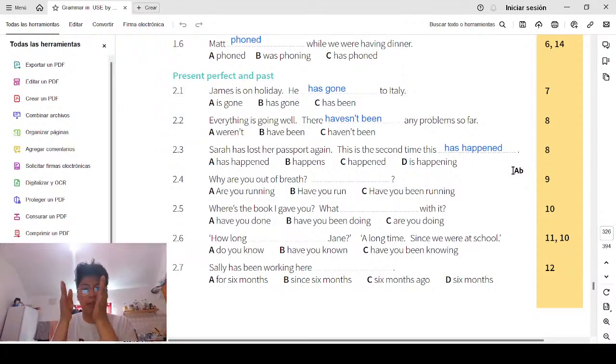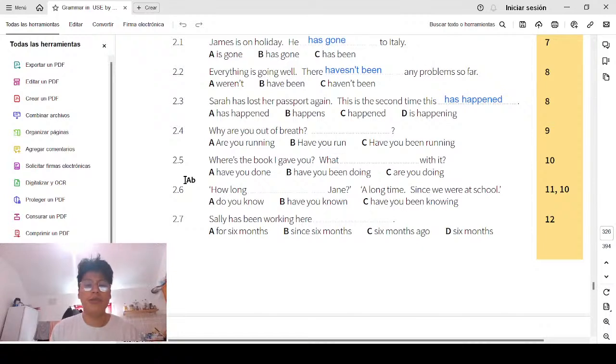This action, that she lost her passport, has happened, but recently, not too long ago. It's an early action in the present. This is the time she lost her passport just over there, so that is close. That's why it's present perfect. Okay, next one.